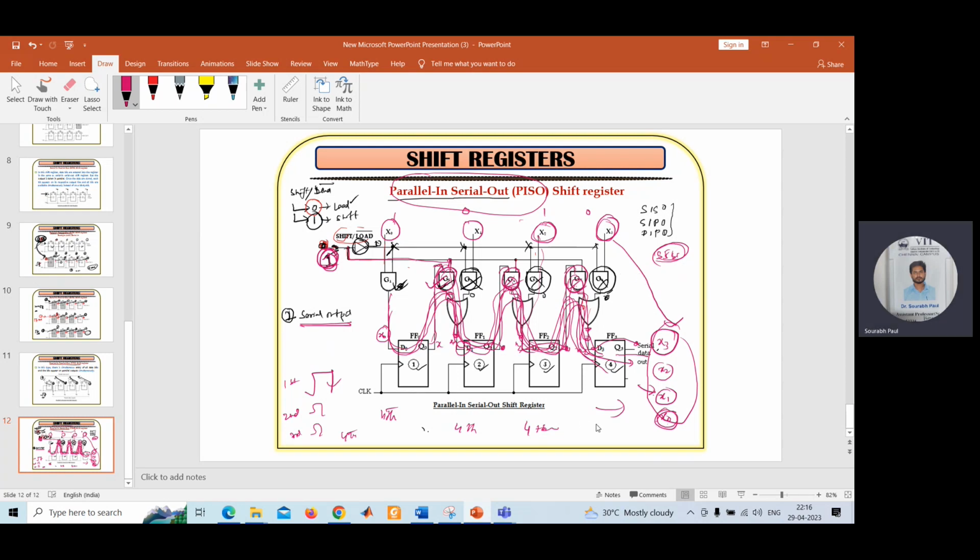So you have to use at least 4 clocks to get the entire bit combination in the output. If you have n number of bits in the input, then you need to use n clocks to get all the bits serially in the output. Okay, so this is the principle of the parallel in serial out shift register.